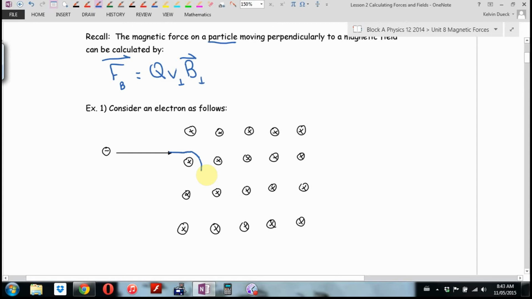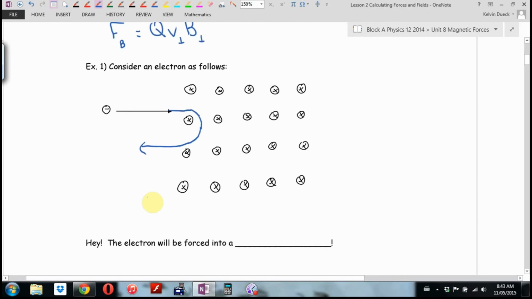That's the same as a proton traveling straight up. Now the electron experiences a force straight left. In fact, if I continue this, the electron will be forced into technically a semicircle, but okay.